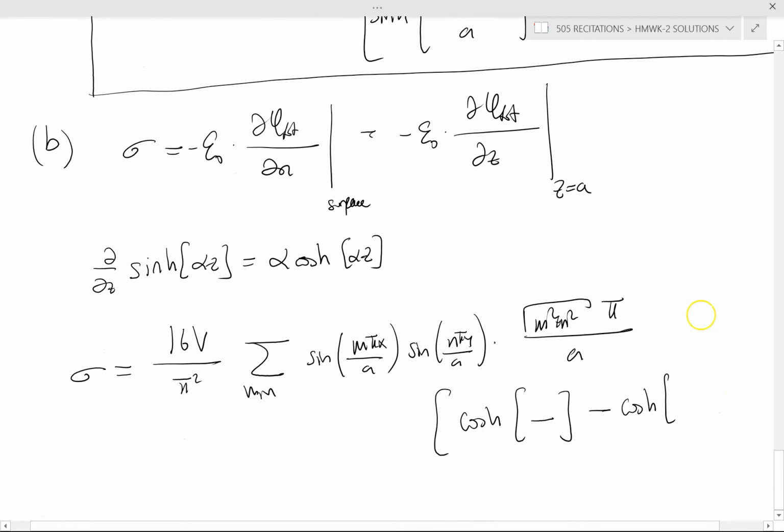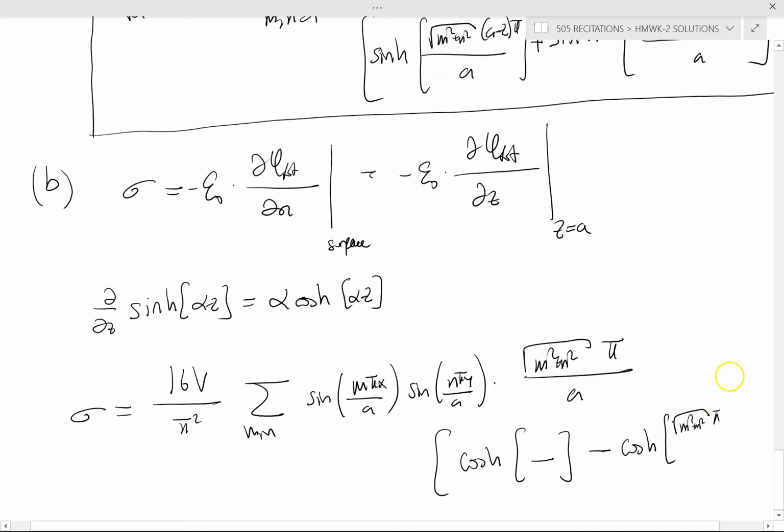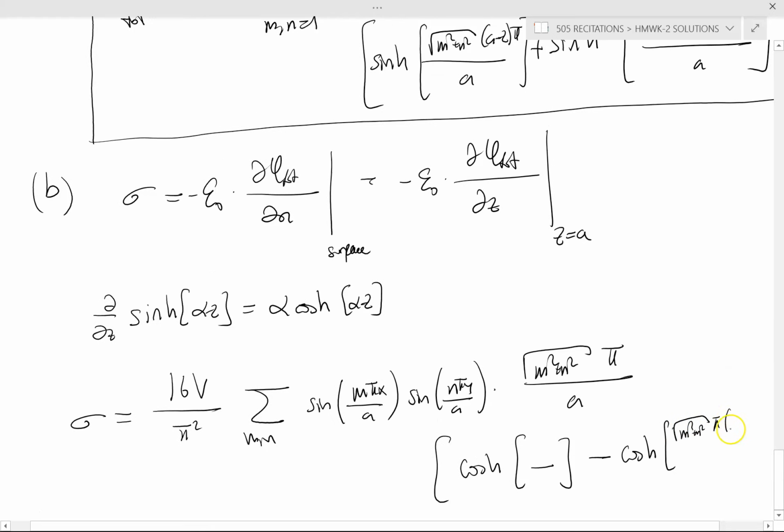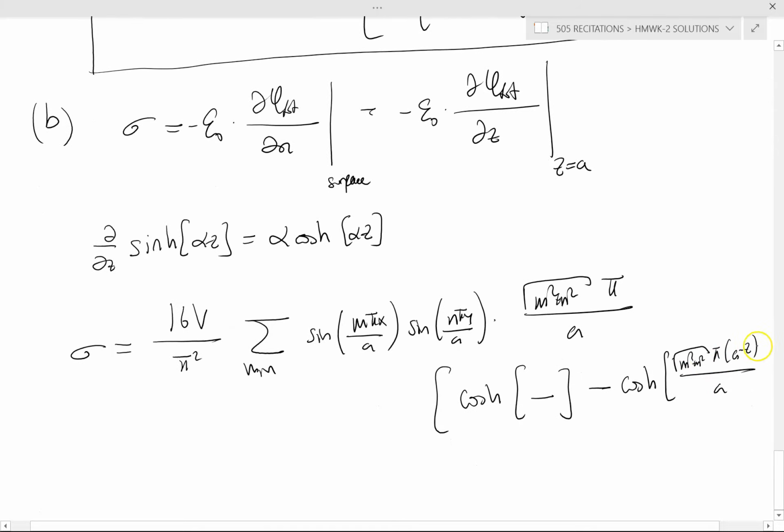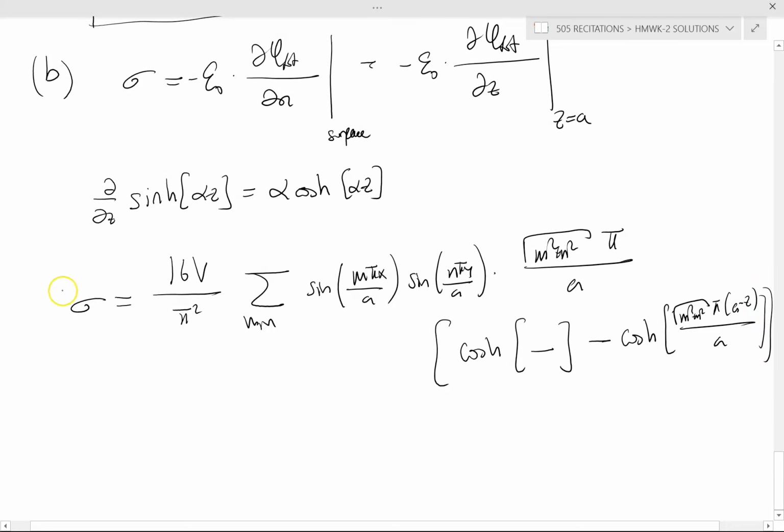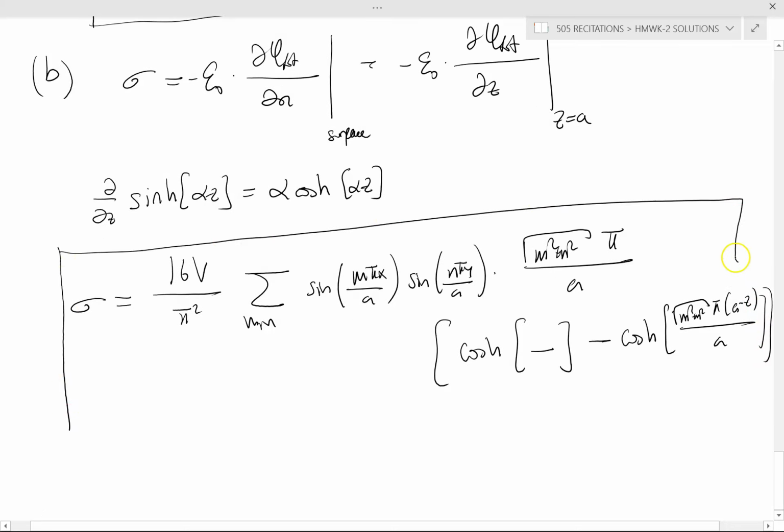What is the same argument? m square n square pi, a minus z divided by a. Nice. This is the surface charge density.